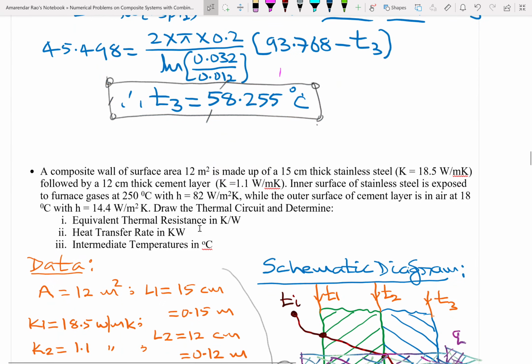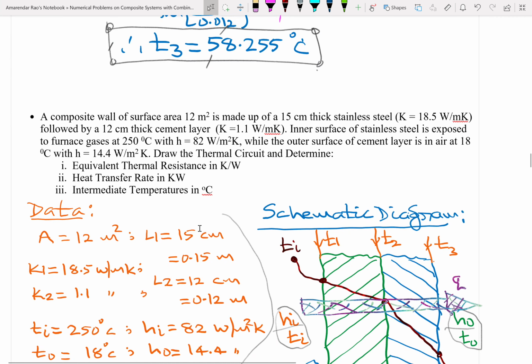Now let us try to pick up another problem involving composite walls, which is a general problem which may appear in any of the examinations. The problem runs like this: a composite wall of surface area 12 meters square is made up of 15 centimeters thick SS stainless steel, for which K is 18.5, followed by 12 centimeters thick cement layer, for which K is 1.1.